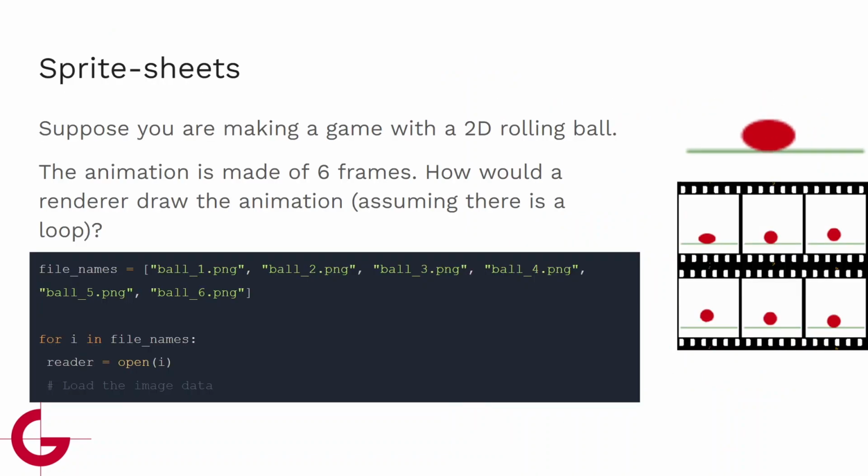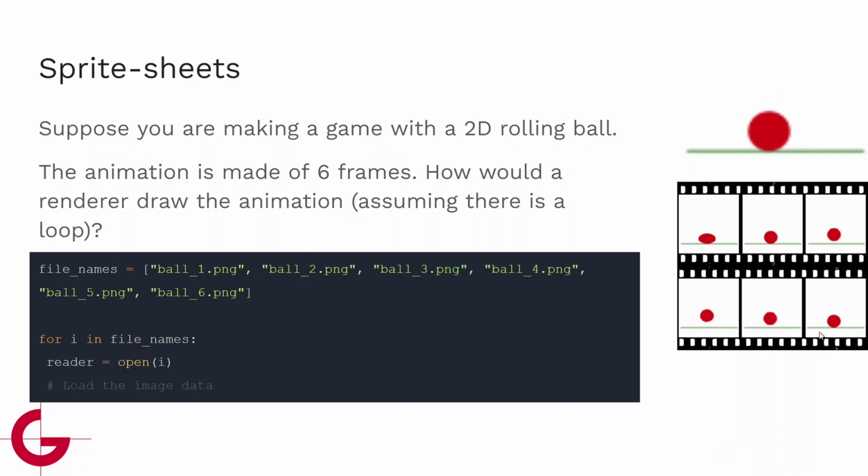You might have heard of spritesheets if you have ever made a 2D game before. If not, it's basically a collection of frames in one single image. Suppose you're making a game with this 2D bouncing ball. Well, you need to draw 6 frames, right?